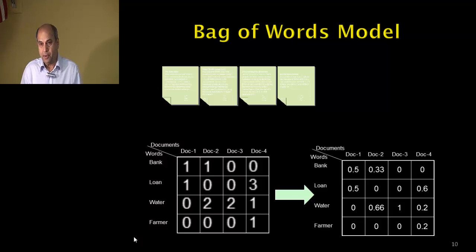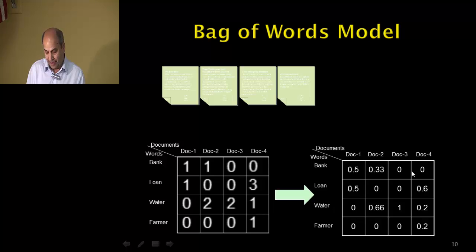We take an example and look at each document. In this document, this word occurred once, this occurred once, and this does not occur, this does not occur. In the second document, this occurs once, this word occurred twice, and so on. So this is in a way a distribution of the words for this document, and similarly we have the distribution of other documents in terms of these words, and we can normalize them, and we can get basically a probability distribution like that.